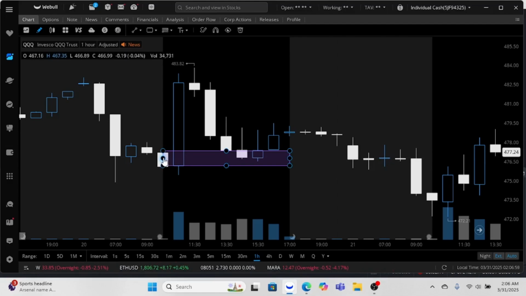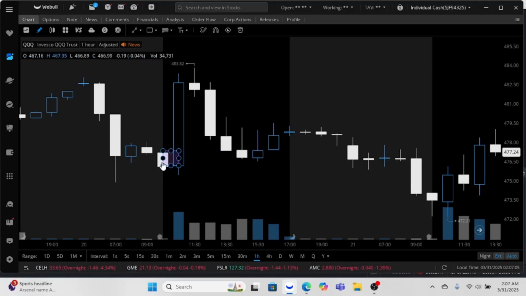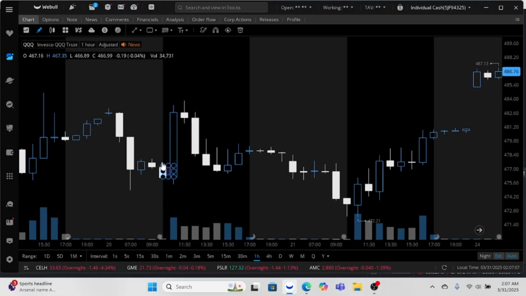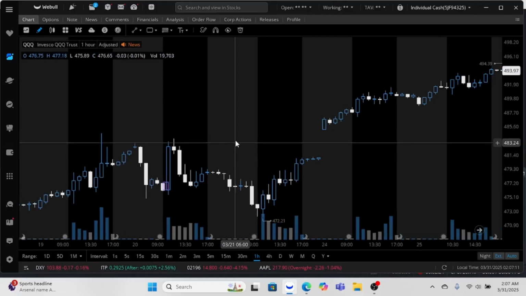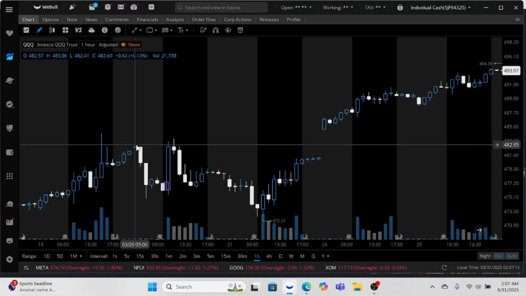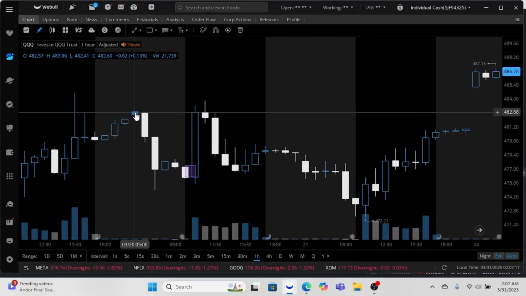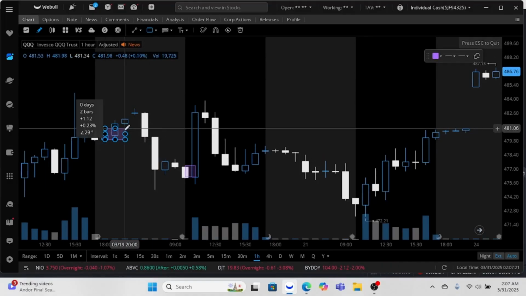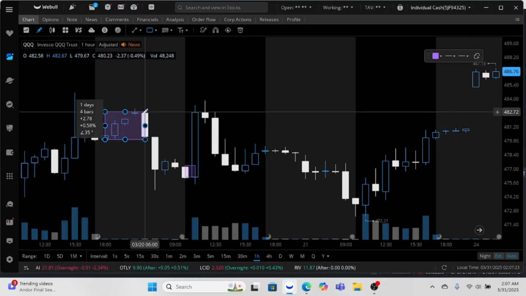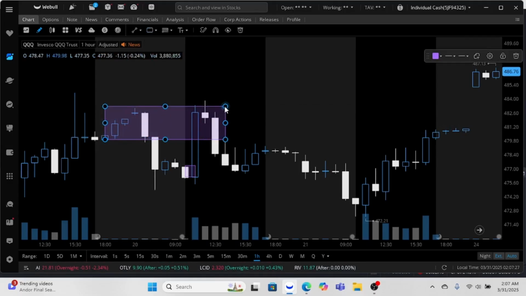So that would be a bullish order block right here, that white candle, that down close candle. And then you have bearish order blocks, which would be these. Now you can actually use a rapid succession of candles, so since these are all up close, you could actually use all those as the order block.